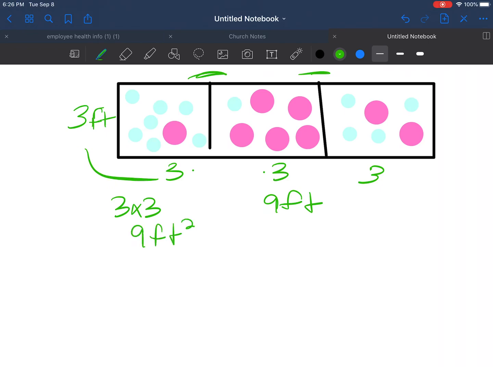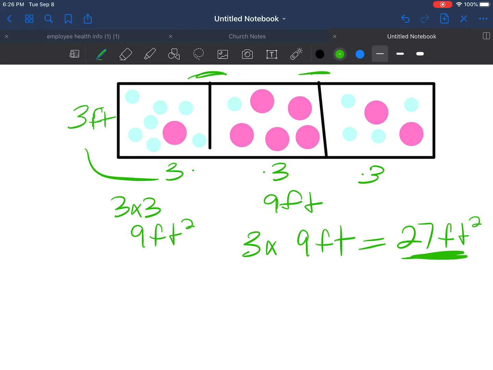Okay, this whole thing, if you're going to count the whole thing, it's 3 feet tall by 3 plus 3 plus 3, 9 feet wide, or 27 square feet.